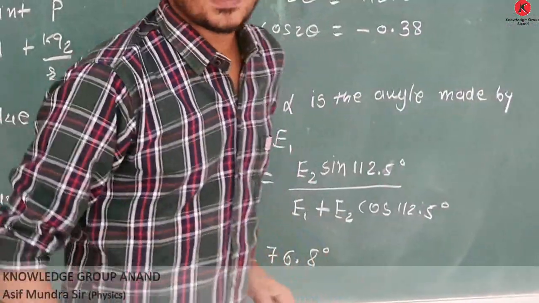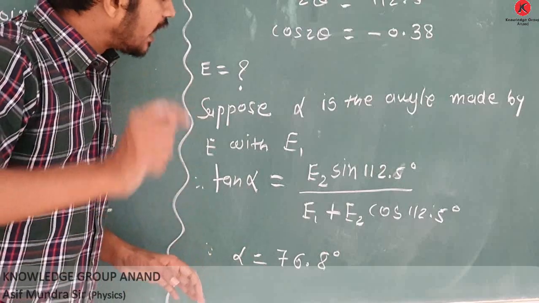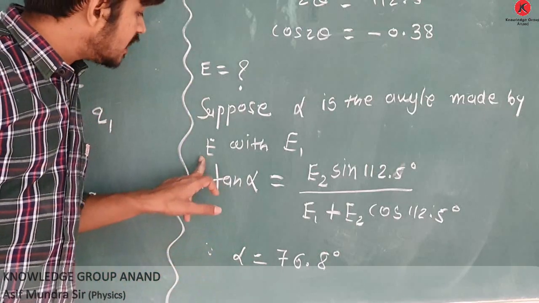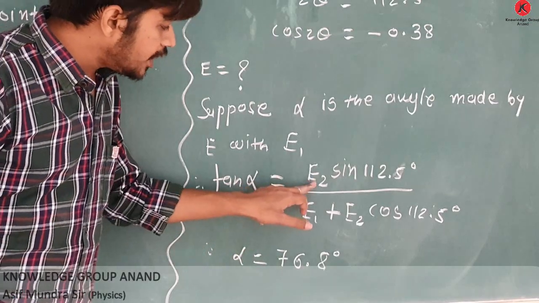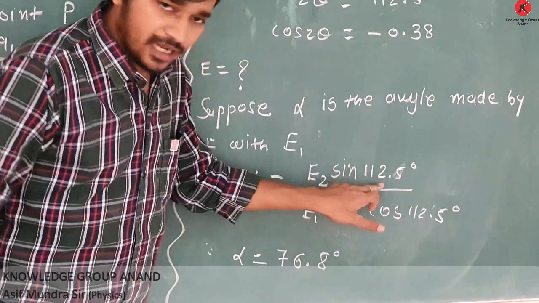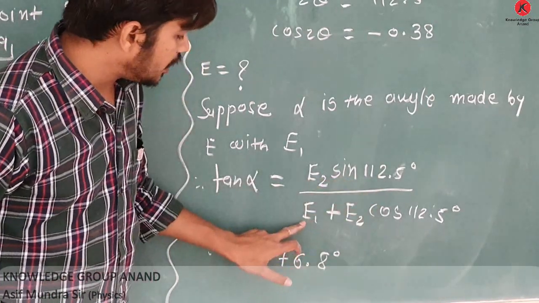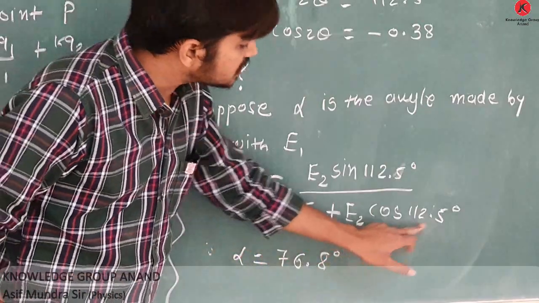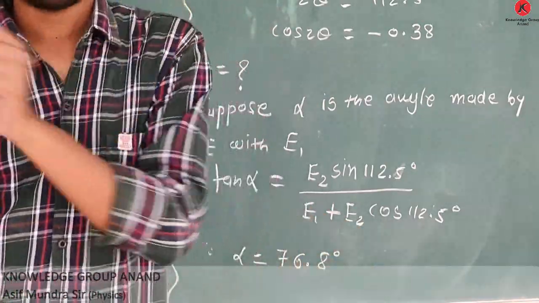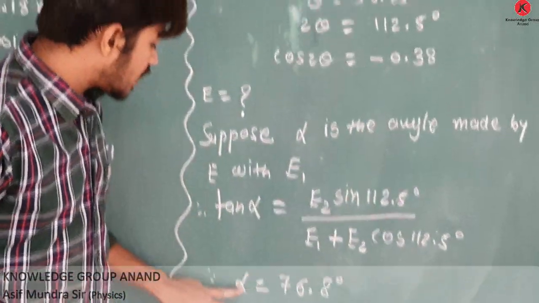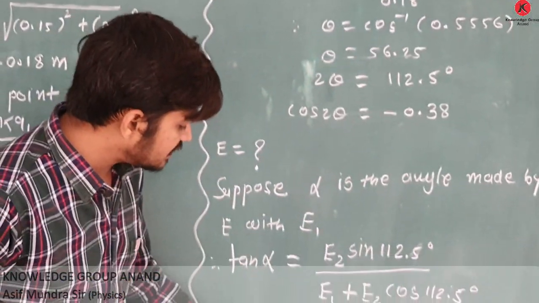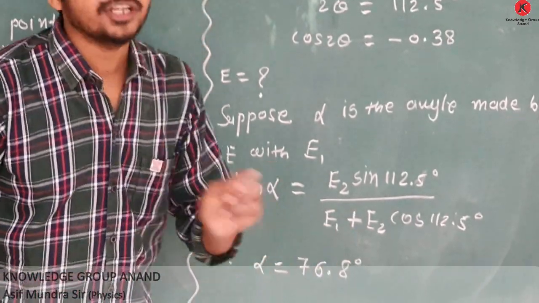So from law of parallelogram, what is angle made by resultant vector with E1? Tan alpha is equal to E2 sine of angle between two vectors upon E1 plus E2 cos of angle between two vectors. If you calculate this, you will get your answer. Alpha is equal to 76.8 degree.